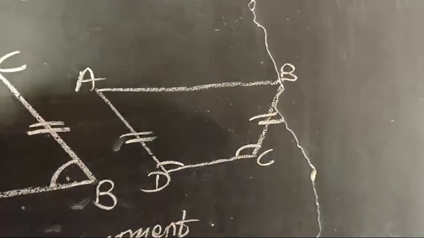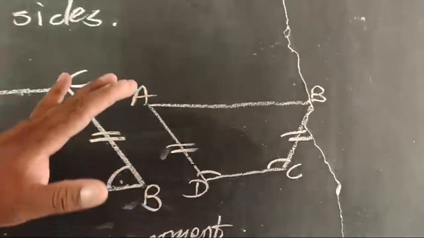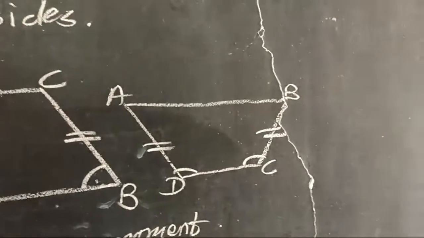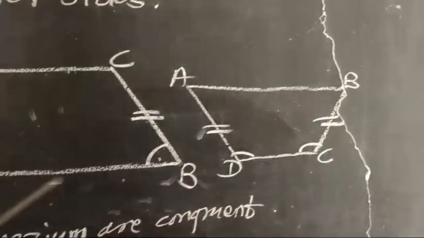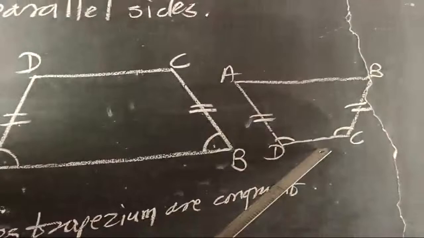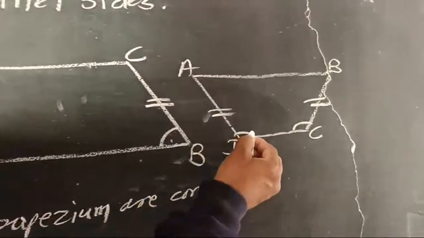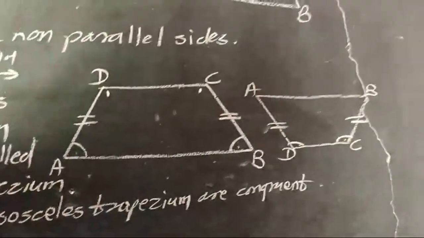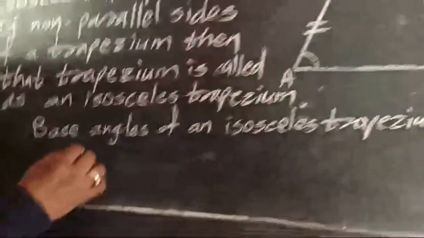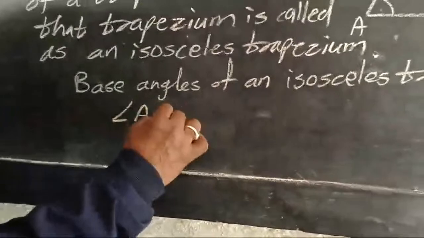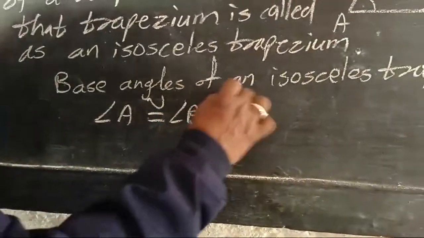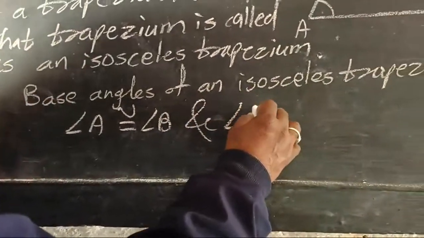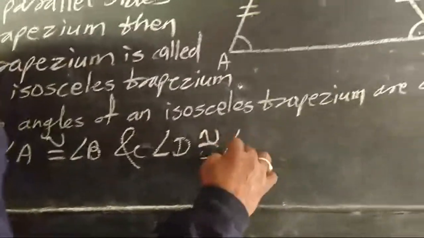We kept the same quadrilateral upside down. Then change the base. Here base AB and here base DC. Base angles means D and C. D and C also we get congruent. Angle A is congruent to angle B and angle D is congruent to angle C.